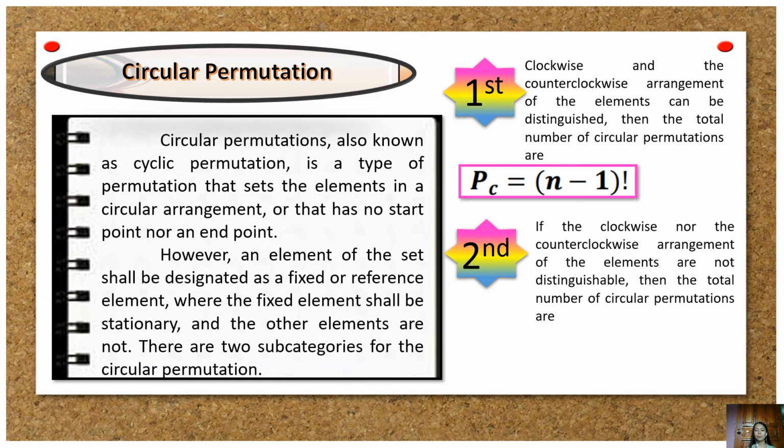Yung second naman, if the clockwise nor the counterclockwise arrangement of the elements are not distinguishable, then the total number of circular permutations is n minus 1 factorial over 2.